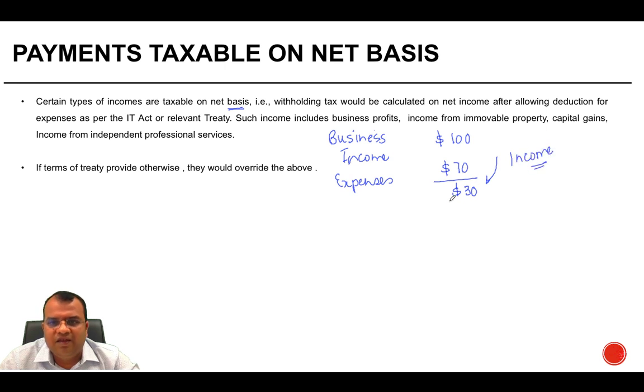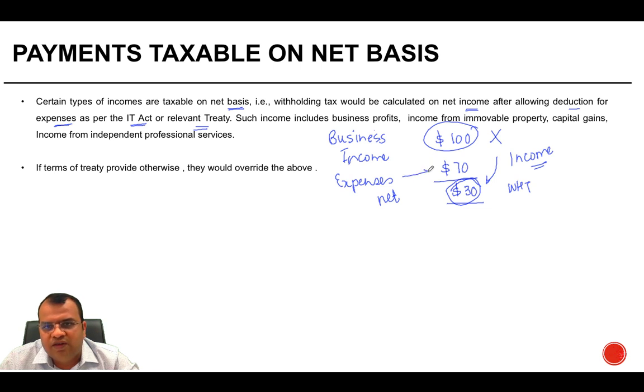In this case, the withholding tax rate will be applicable on $30, that is on the net income and not the gross amount. So the withholding tax would be calculated on net income after allowing deduction for expenses as per the IT Act or the relevant treaty.